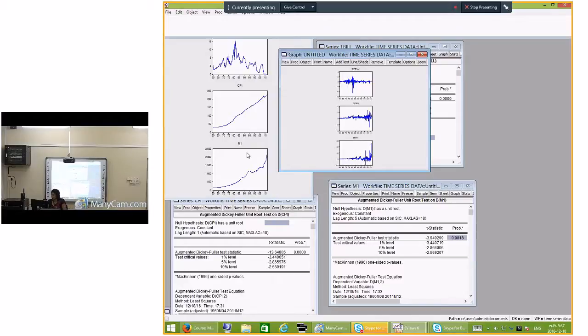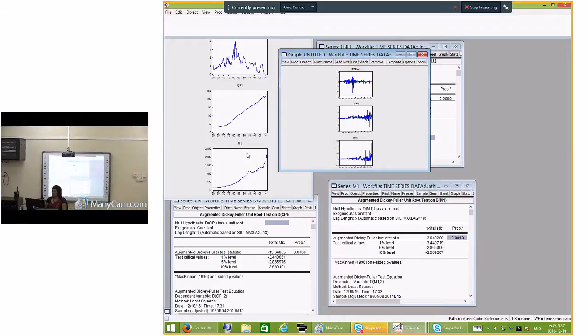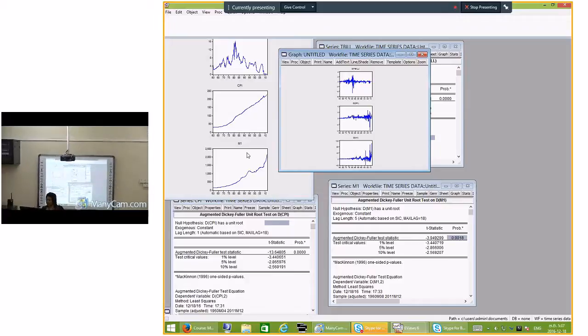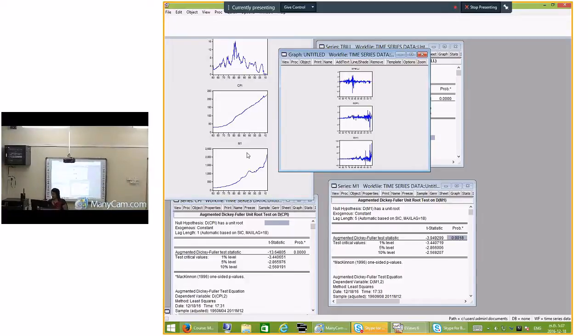Hope this is very clear for you. After a small break, until then you test the unit roots for our next data series, which I have uploaded.